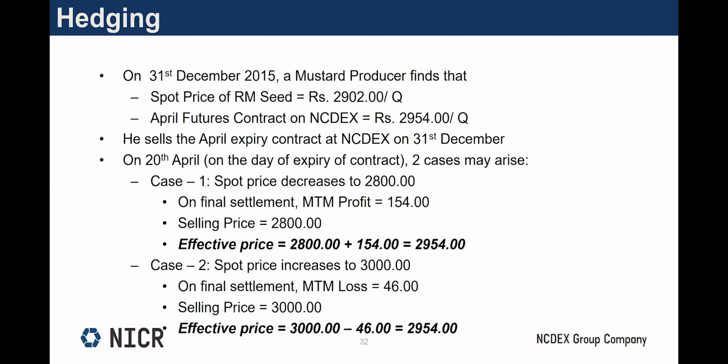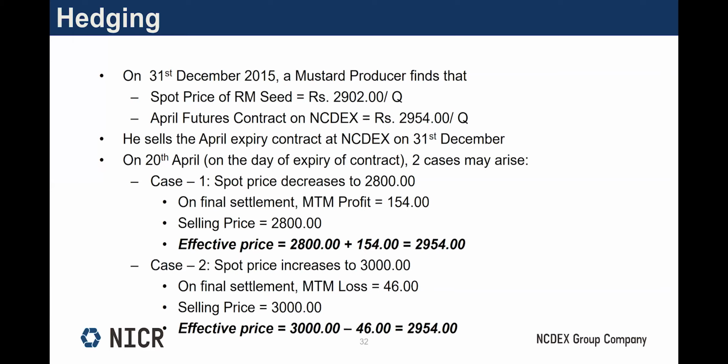But because he has sold on the exchange platform at 2954, 154 is his mark to market profit. So the exchange ensures that his 154 rupees is given to the seller, and the effective price definitely becomes the same as what he had hoped for in the month of December.